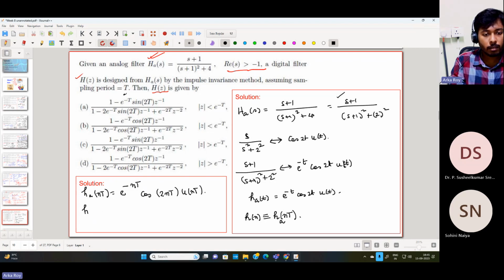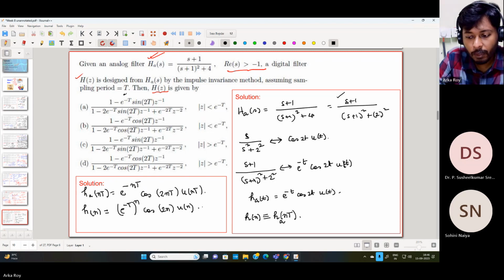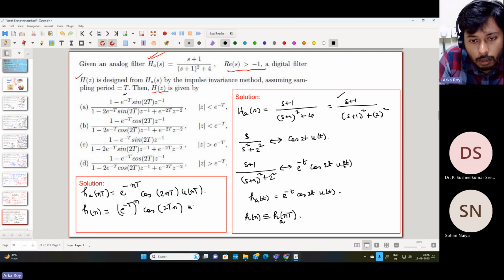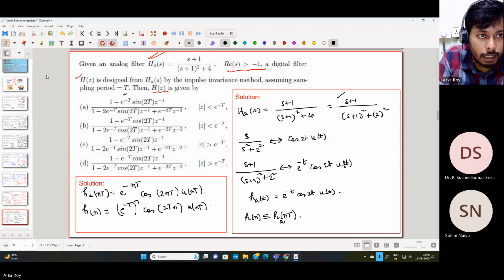So effectively, I can write the digital equivalent signal as e to the power minus T, to the power n, then cos 2nT, multiplied with u(n).